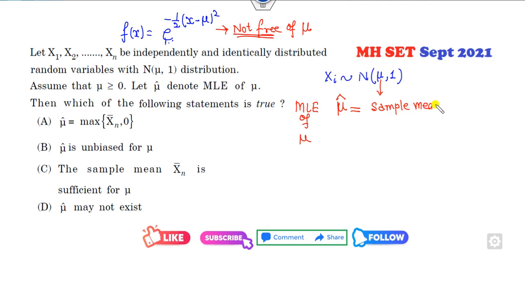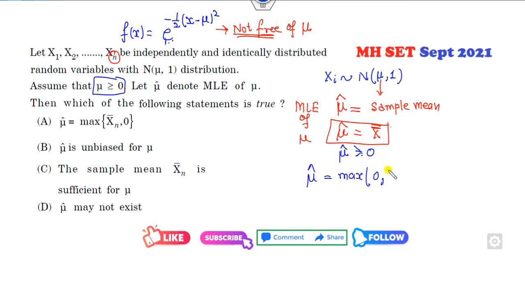Fine. So how many samples are there? N samples. So that means mu cap will be my x bar. Also one more thing is, mu is given as greater than 0. So what does that mean? That means mu cap should be the maximum of 0 and x bar. Why?